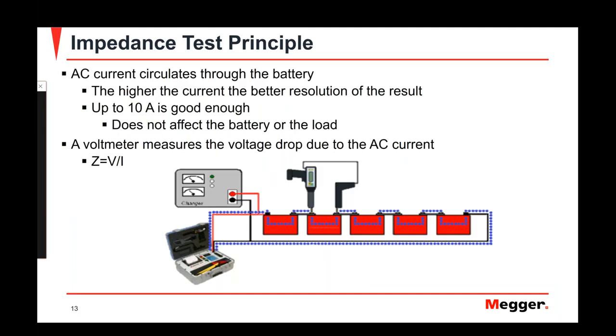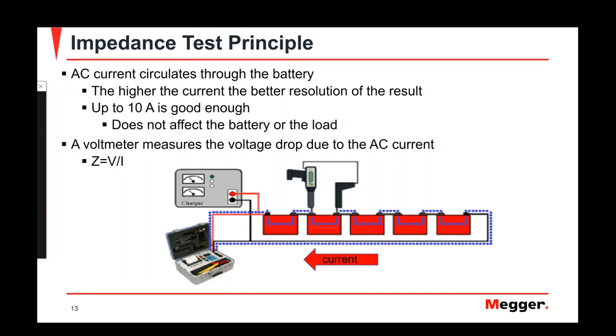So let's talk a little bit now about how we do that test and how the impedance test works. So the concept of the test is we're going to inject an AC current into the battery bank, either through the entire string or cell by cell, depending on which BITE instrument you have.